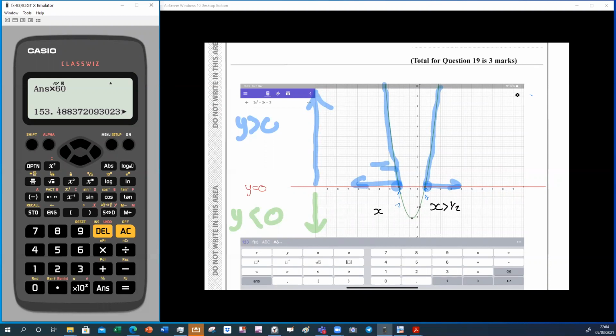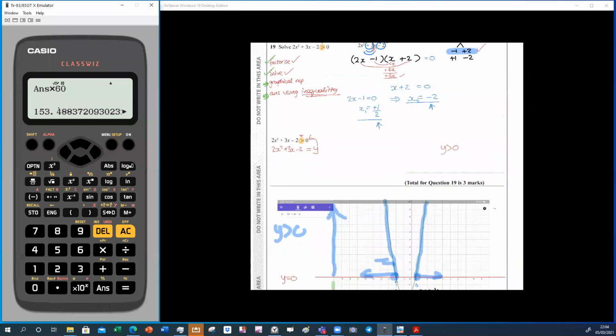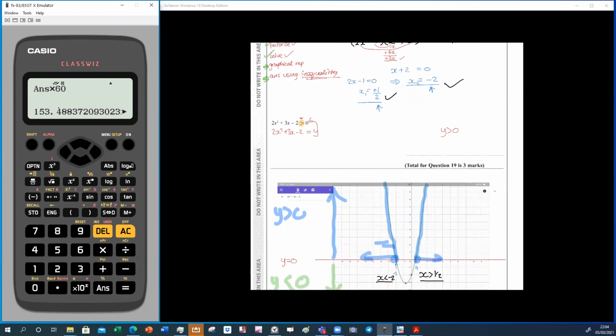Less than minus 2. So rather than the standard easy answer x equals a half and x equals minus 2, we're going to have to interpret that as x is greater than a half, because the values where x is greater than a half give all the answers above the graph, above this line. And all the numbers which are less than minus 2 are the ones generating that part of the graph.